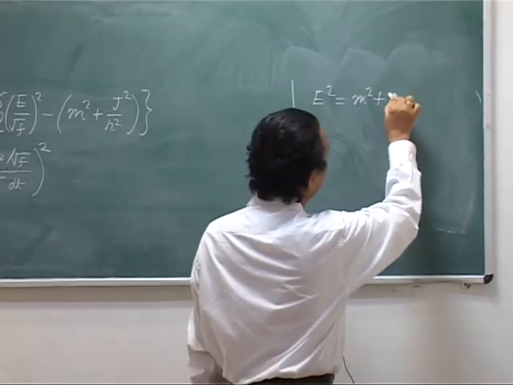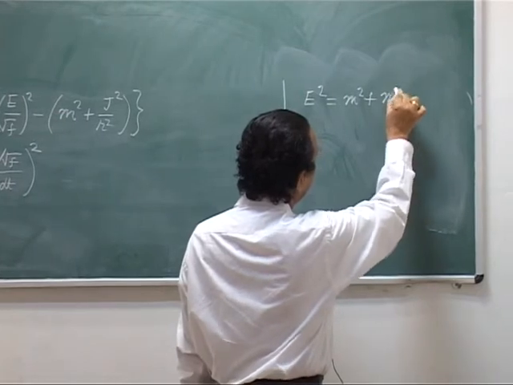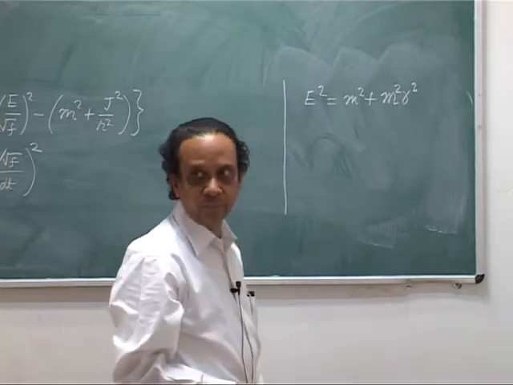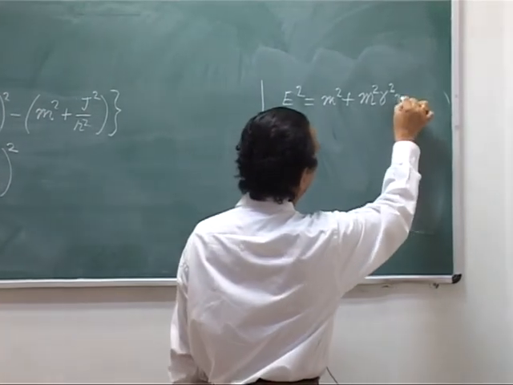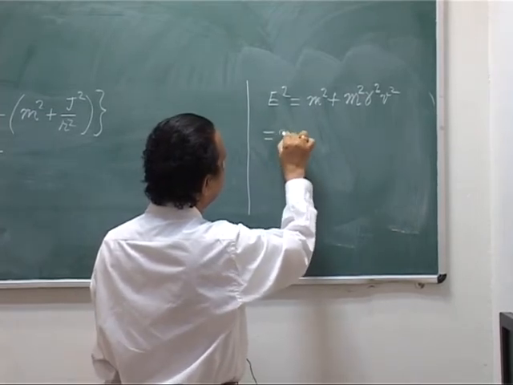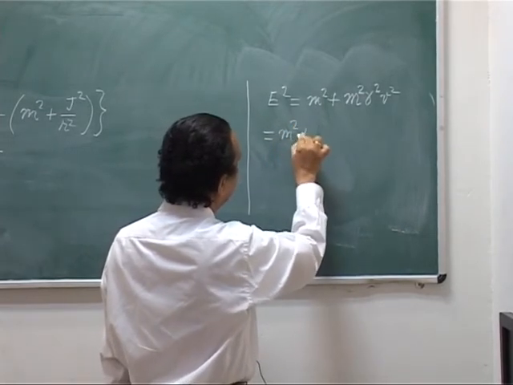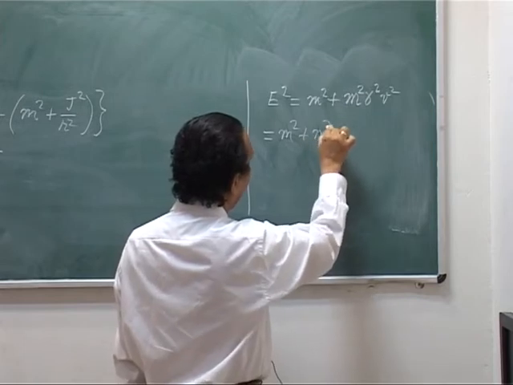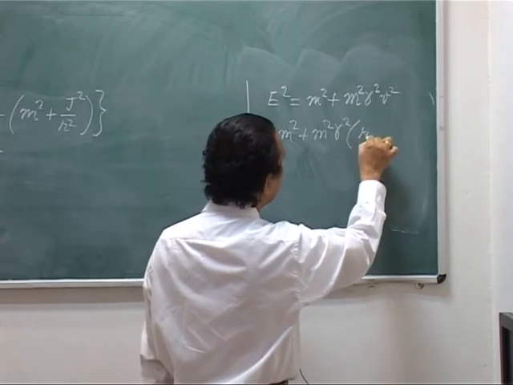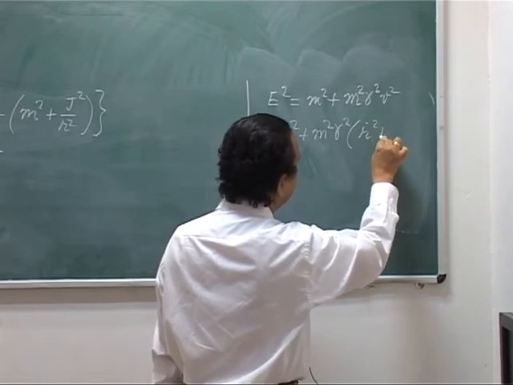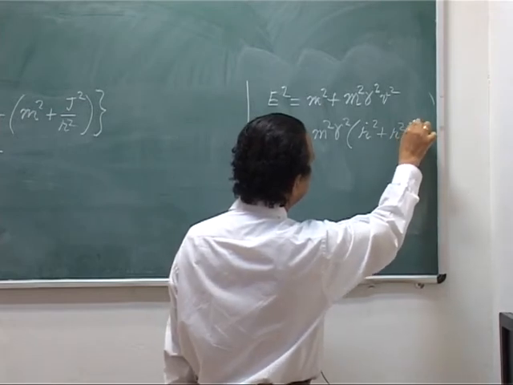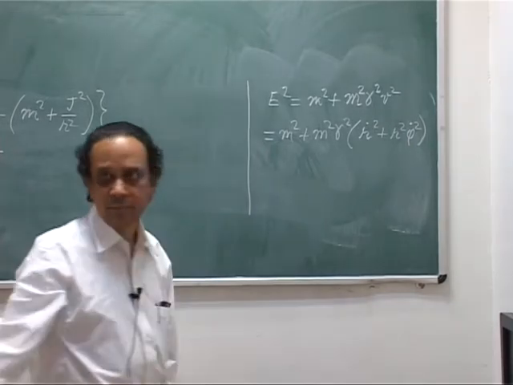equals m square plus p square, that is for a free particle in the normal case. So, p square I am going to write as m square times gamma square times the velocity square. So, write a v square here, and then write v square in your spherical coordinates. So, this is m square plus m square gamma square times v square, which is r dot square plus r square phi dot square. This is standard.